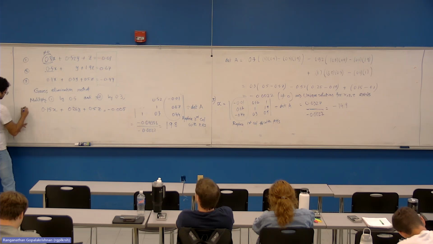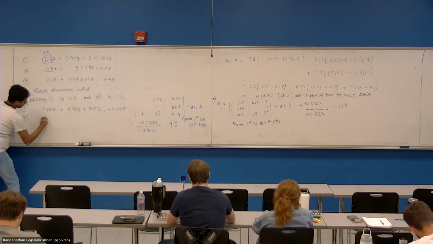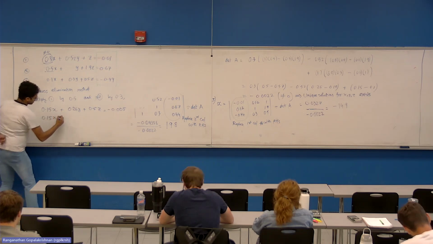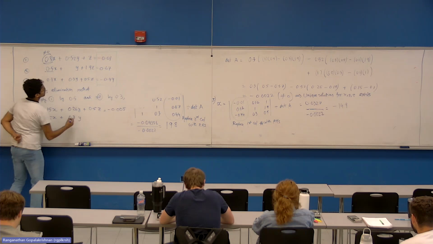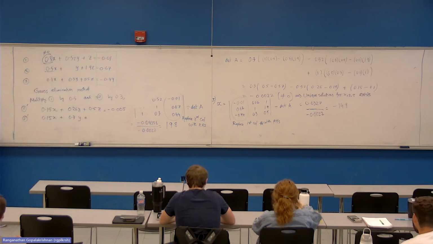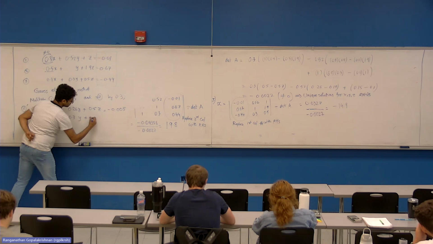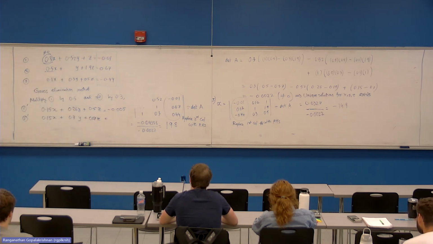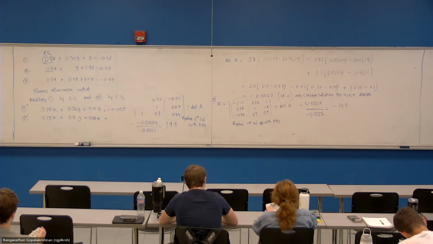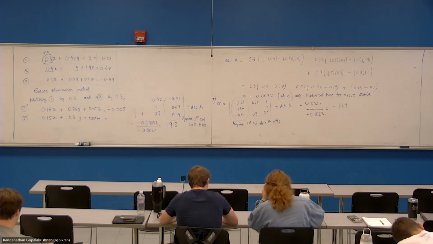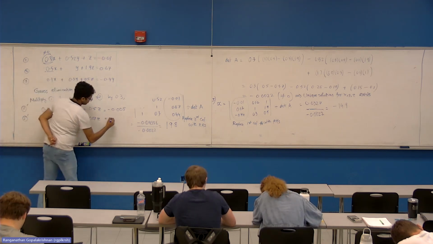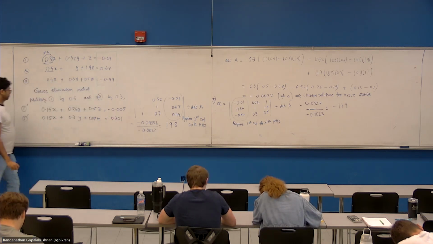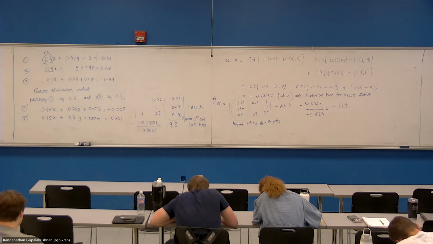And then this second equation becomes, so I'll write this as 1 modified and then 2 modified, 0.15x plus 0.3y plus, what is 1.9 times 0.3? 0.57z equals 0.67 times 0.3, which is 0.201.